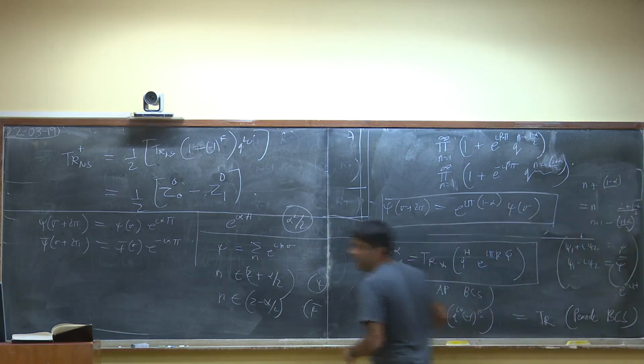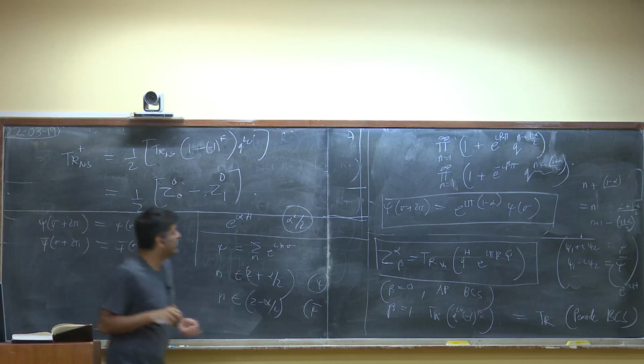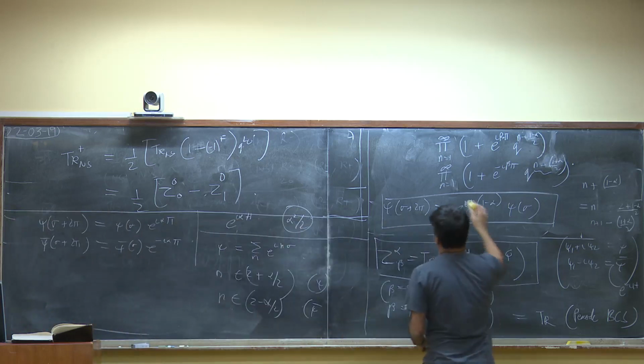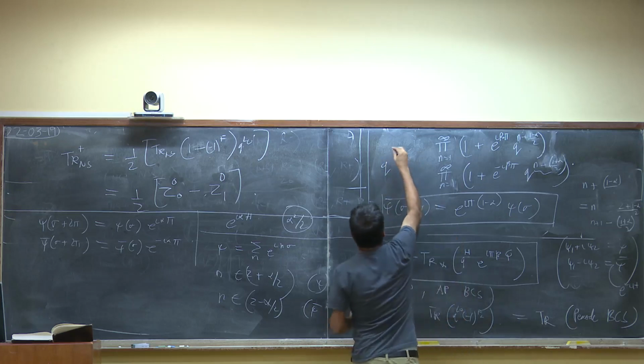Okay. And then we want the zero mode part. So let's see. Firstly, we want the power of q. So this thing will multiply q to the power.